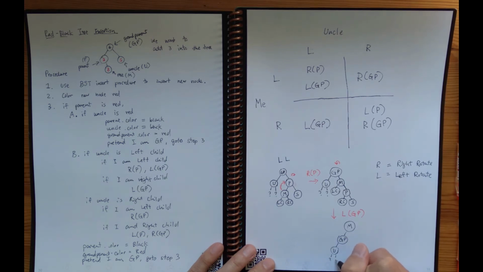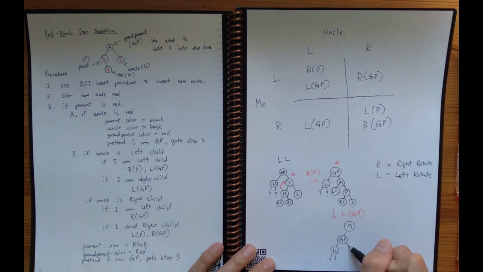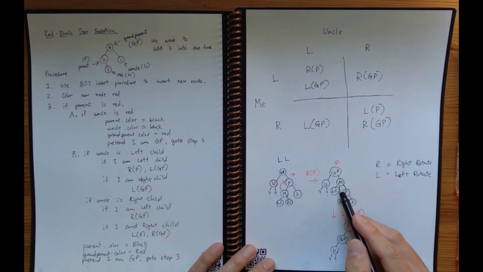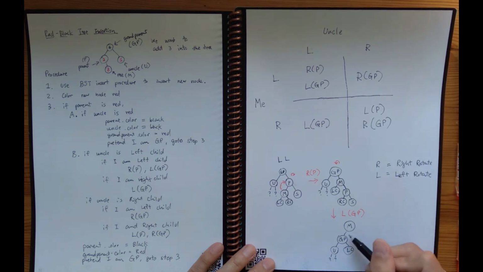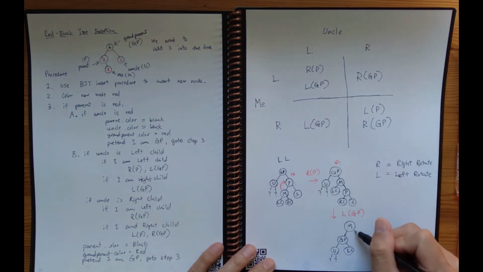That does not change. But the right child of the grandparent is now going to be my left child, because I yielded my left child to take on the grandparent, and now I have no left child. My left child has to go somewhere, and my left child goes with the grandparent, but my right child remains, and that is my previous parent.